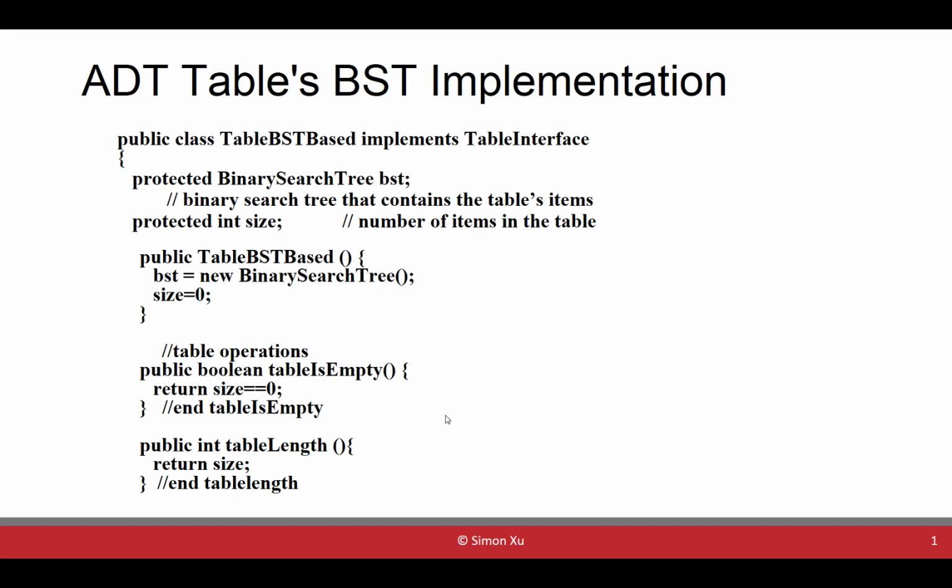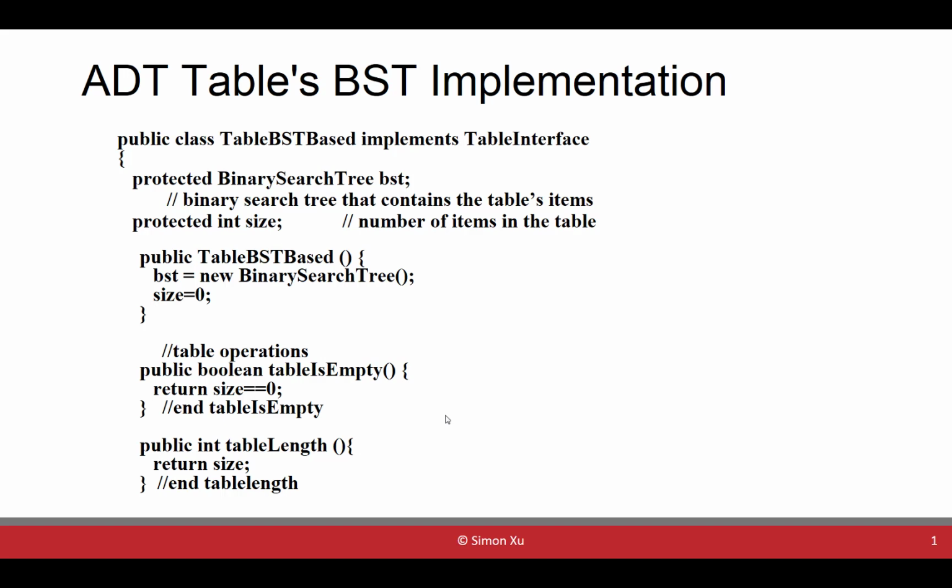Of course, we need two data members for the table binary search tree based class. One is the binary search tree. Another one is the size of the table, which means how many items are stored in the table.